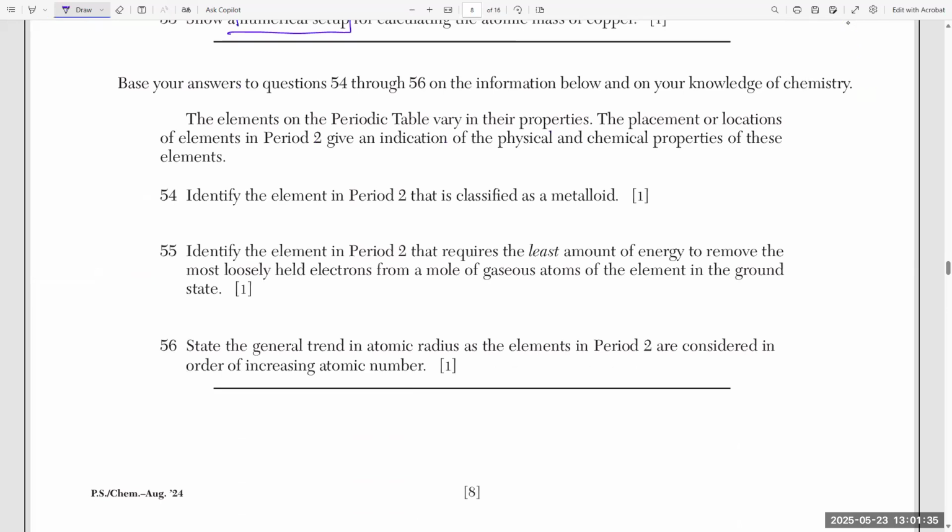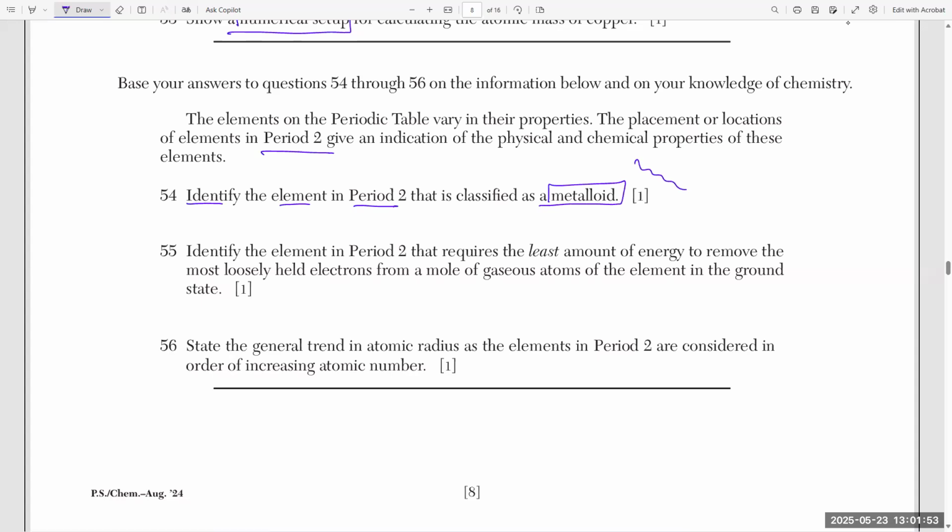All right, number 54. The elements in the periodic table vary in their properties. The placement or location of elements in period 2, that's important, so I'm going to underline it, gives an indication of the physical and chemical properties of these elements. It says, identify an element in period 2 that is classified as a metalloid. What's that? That's the stairs guy.